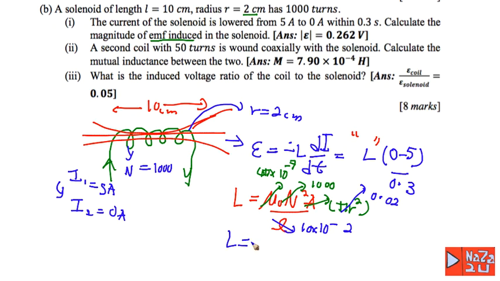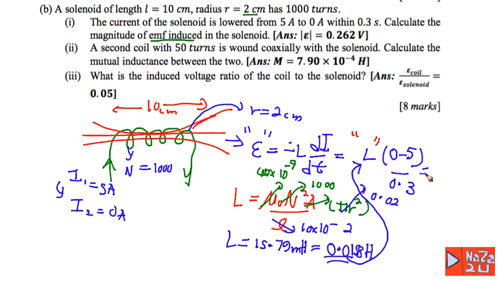The inductance of the solenoid is equal to 15.79 millihenry, milli is exponent minus 3. This is equal to 0.0158 henry. So now you can use the value of L in the equation to calculate the EMF.